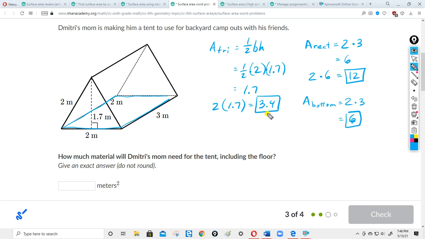So we have to add 3.4 plus 12 plus 6. 6 plus 12 is 18, plus 3 is 21, and 0.4 makes it 21.4. You put it in the box.